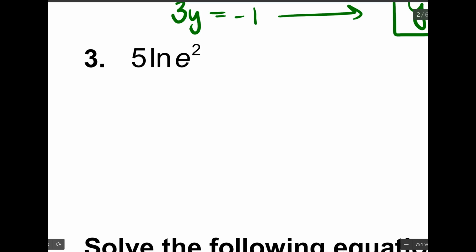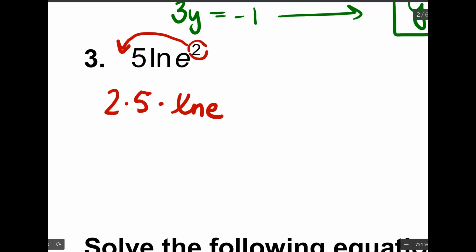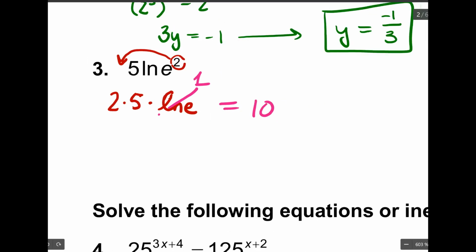I'm trying to simplify. So you bring the 2 out front. So 2 times 5 times ln of e. What's ln of e equal to? Yeah, that whole thing's equal to 1. So what's 2 times 5? 10. That's it.